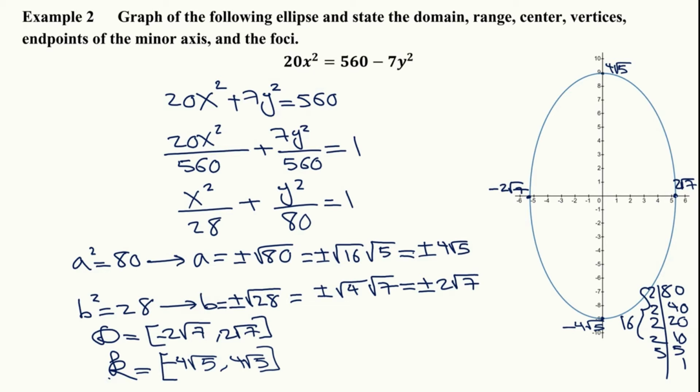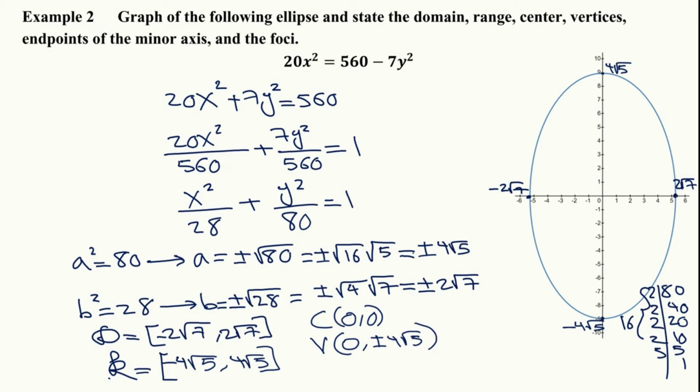Let's see, the foci, we need to find the foci. We have the domain and range. The center is, of course, easy. That's at 0, 0. We can handle the vertices very quickly as well. The vertices are at 0. Remember, this is a vertical ellipse. 0 plus or minus 4 radical 5, right?